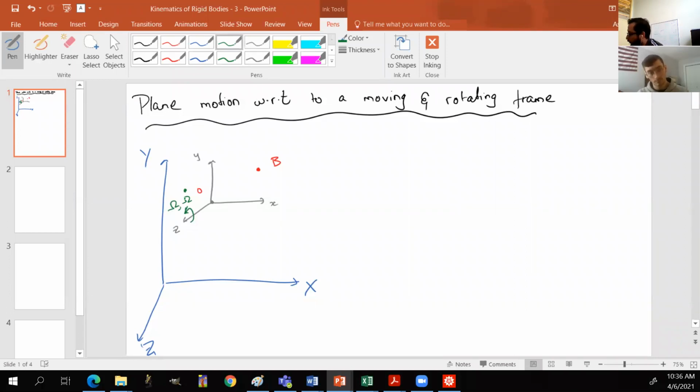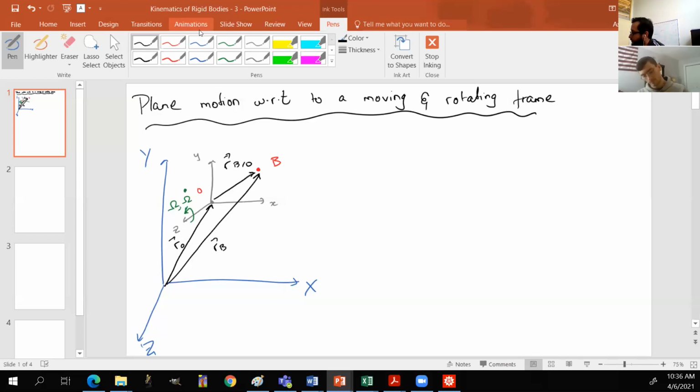Then we do all of the usual things. That is your position vector for the origin there. That is your position vector with respect to your fixed frame. And here you've got your position vector with respect to this moving frame.